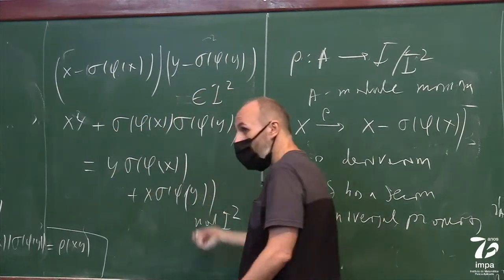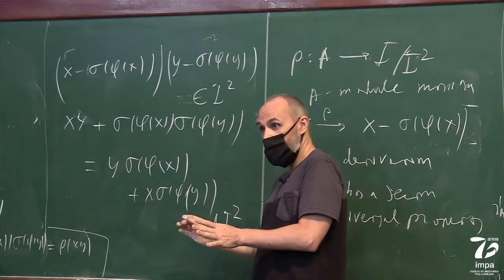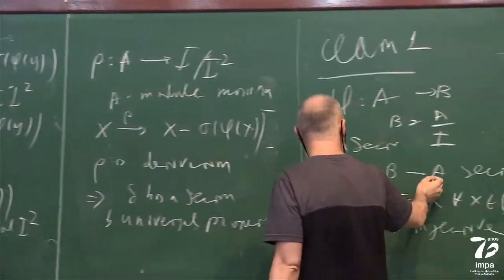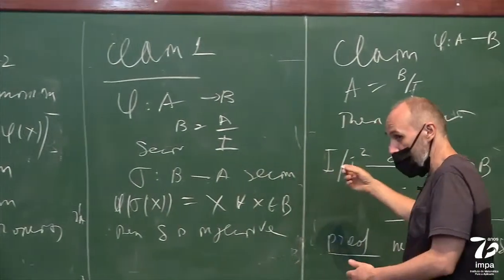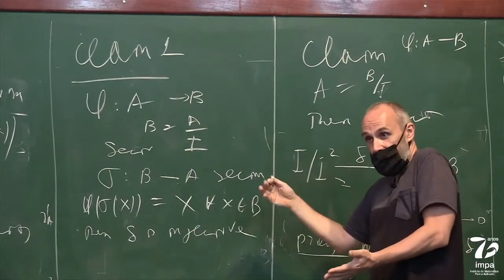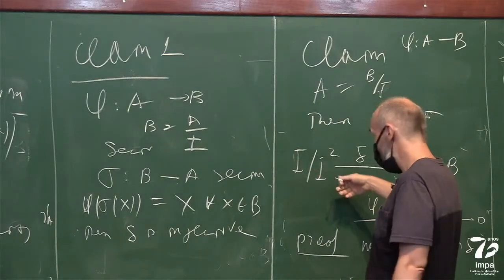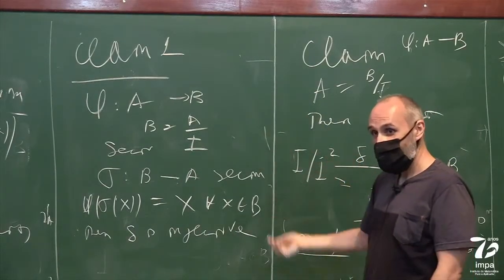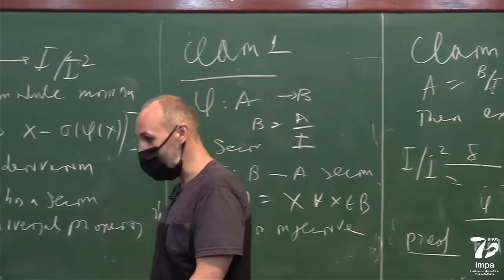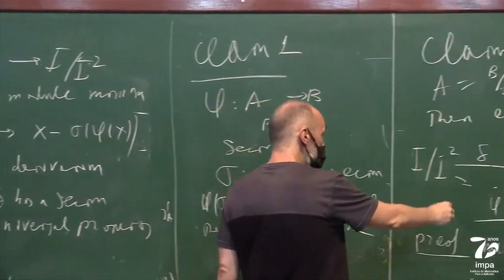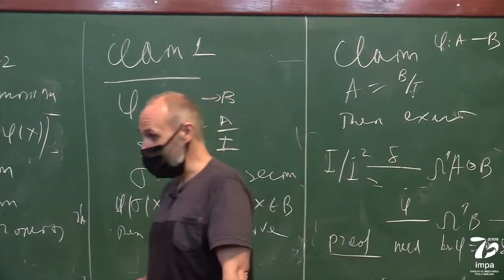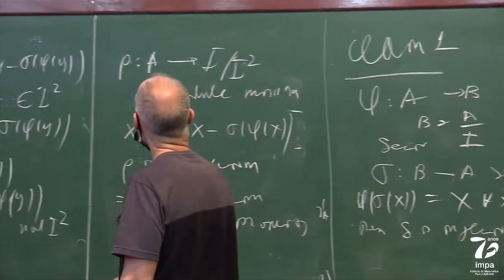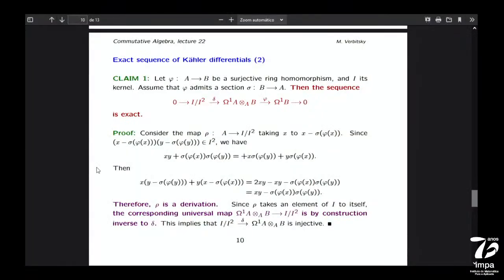So this means that rho on I is identity. And then delta on elements of I is also identity, it takes elements of I to di. So this means that the composition of this section and delta is identity, and this means that delta is an embedding.